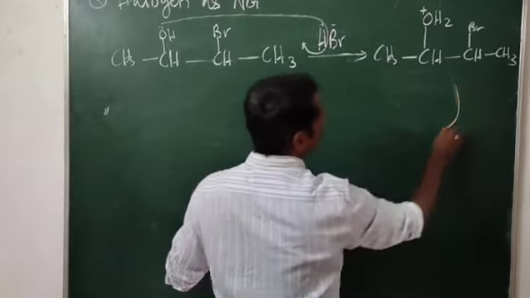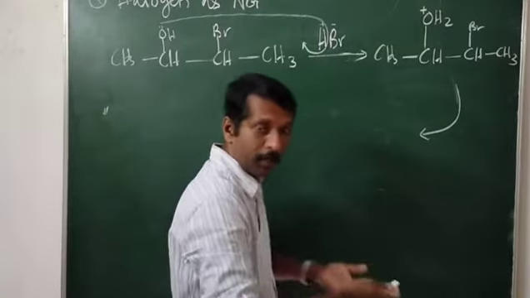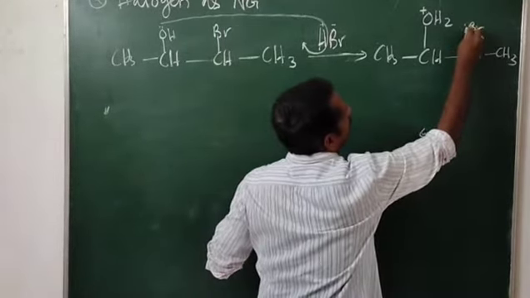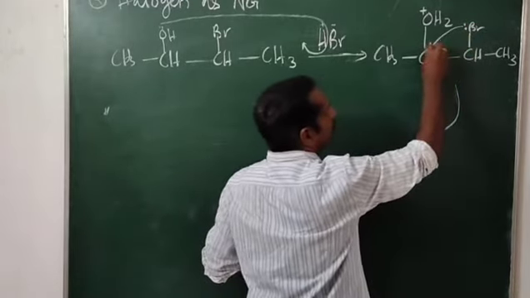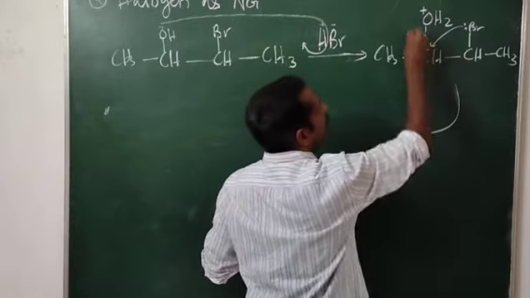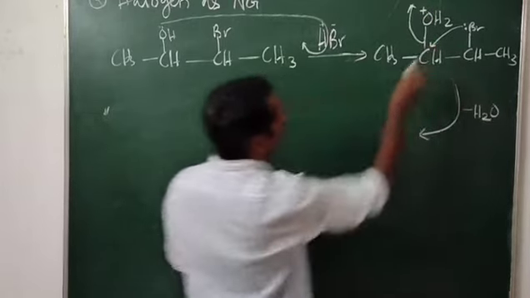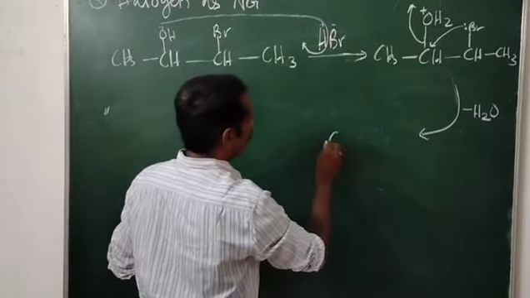Okay, in the next step, what is happening in our usual neighboring group mechanism? The unshared pair of electron present on the bromine atom will attack on this carbon, which will result in the elimination of water molecules. So what is happening? Minus H2O, and we get a structure like this.